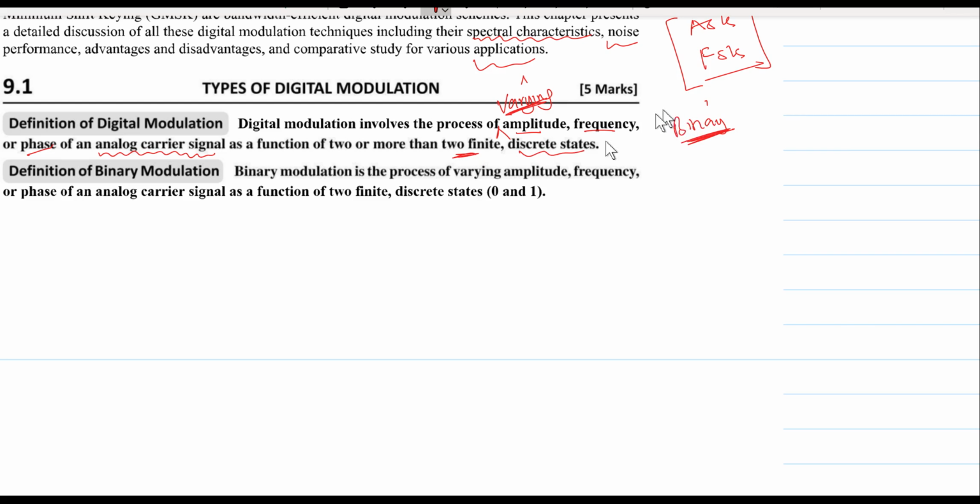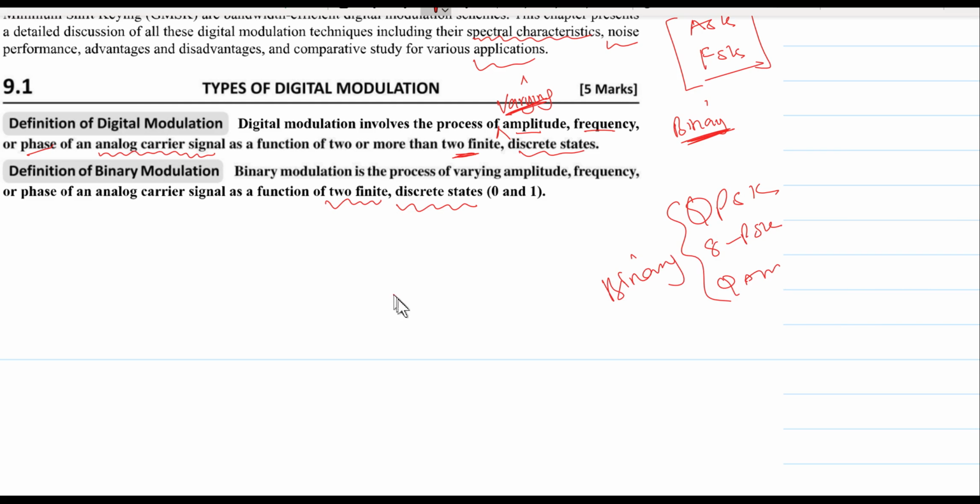it remains digital modulation, because for binary modulation we are saying it is the same process, but we only have two finite discrete states, 0 or 1. So that is the unique difference. So when we are talking about QPSK or 8PSK or QAM, this stops being binary and remains being digital.